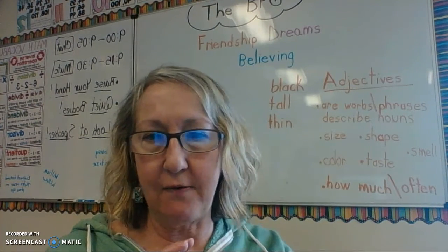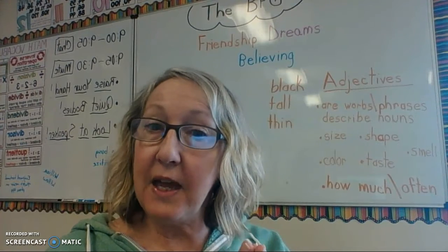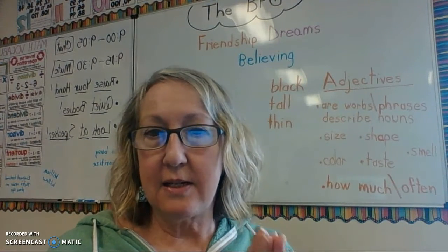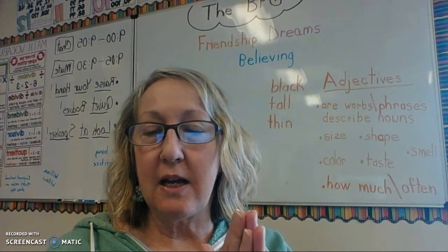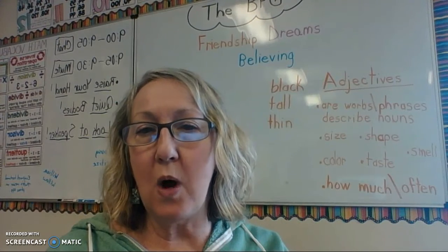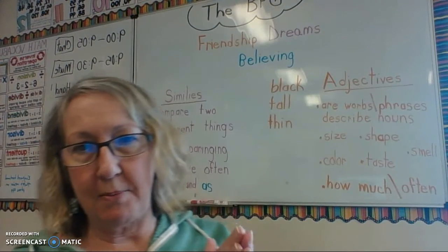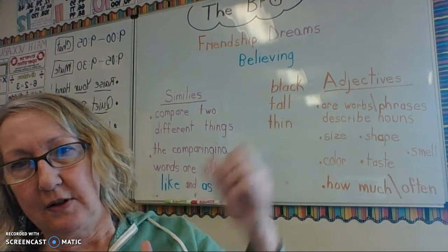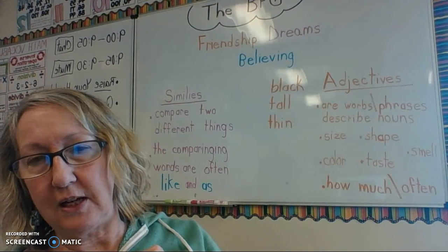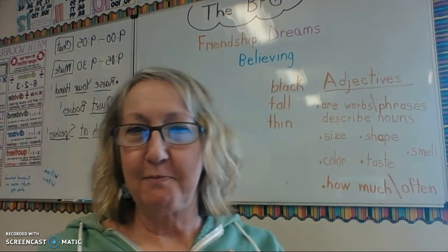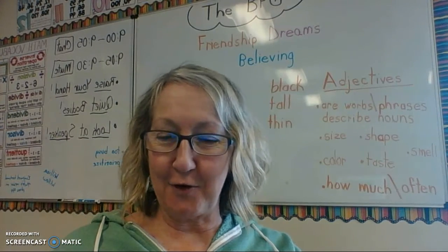Just make a list, 4 or 5. And then if you can, see if you can find an example of at least one simile. Remember, a simile is comparing 2 different things. Okay, that's all. Have a great day.